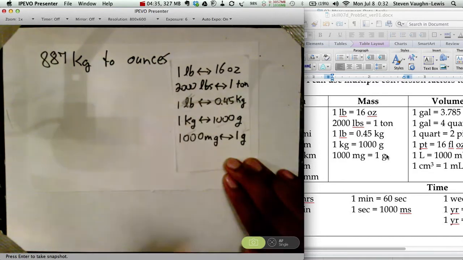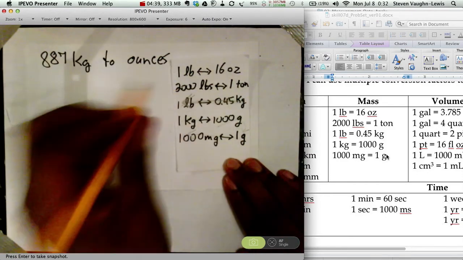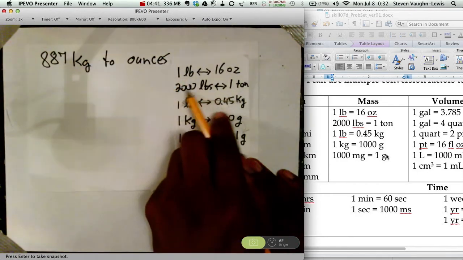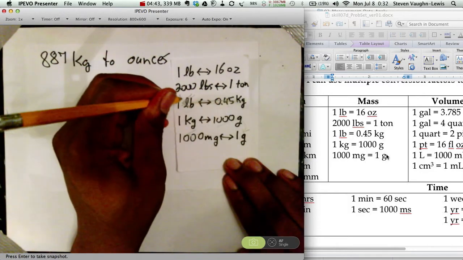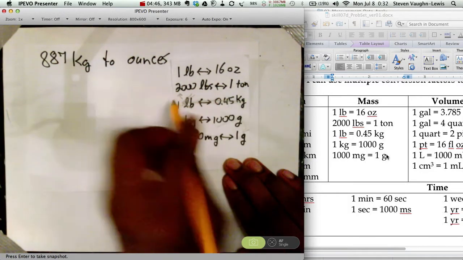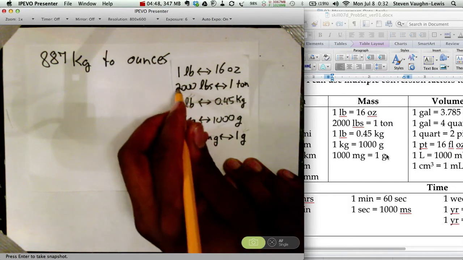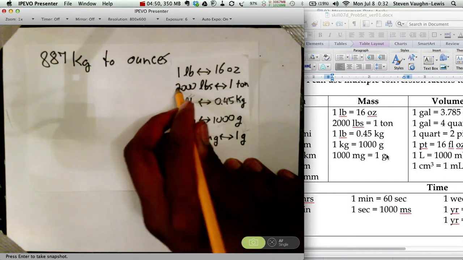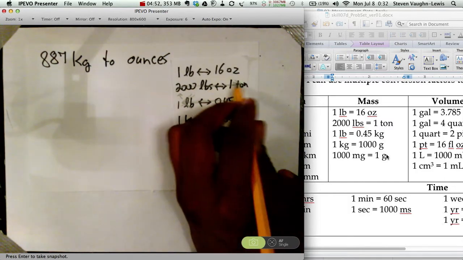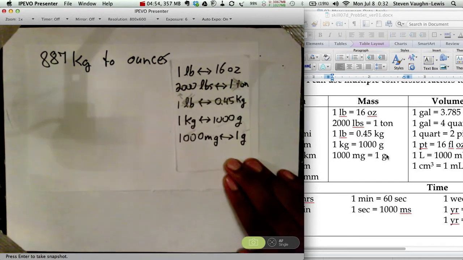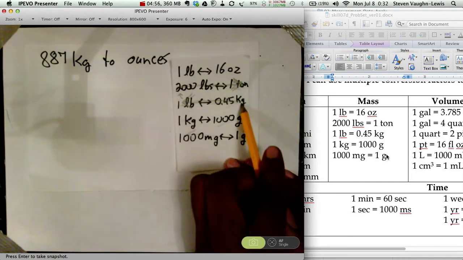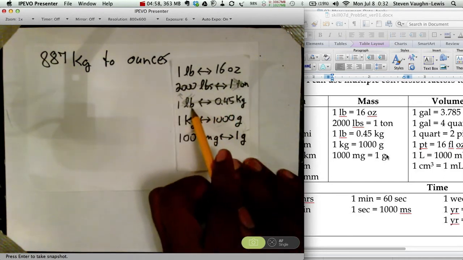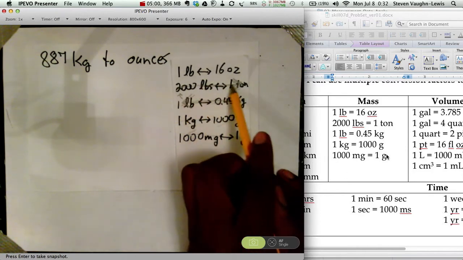Now, where is pounds going to take me? Well, let's see. Pounds, I have 2,000 pounds right here. So 2,000 pounds equals 1 ton. So pounds can take me to tons. So I went from kilograms to pounds to tons.